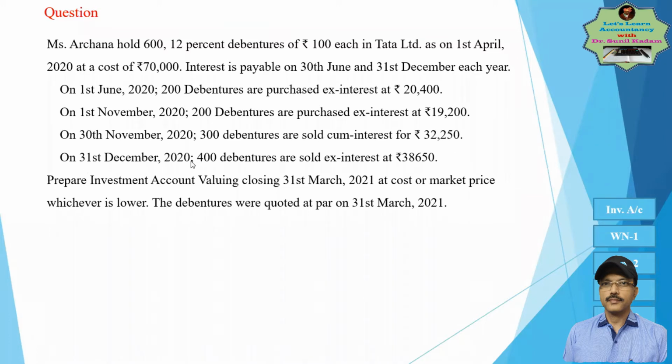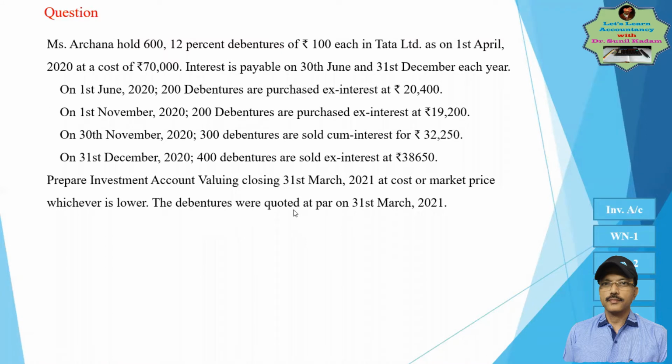On 31st December 2020, 400 debentures are sold ex interest at rupees 38,650. Prepare investment account, valuing closing 31st March 2021 at cost or market price, whichever is lower.